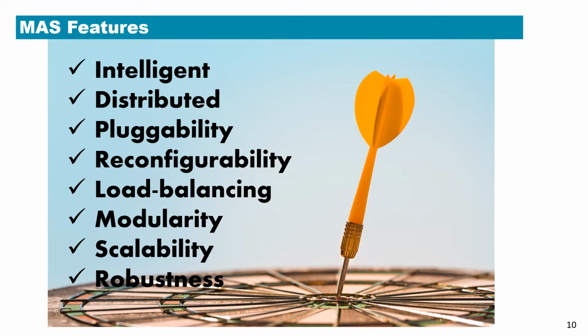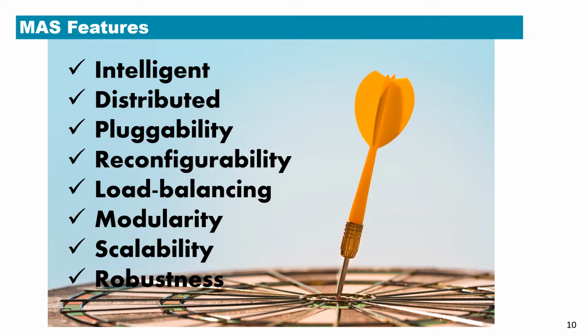And of course this architecture can achieve load balancing by distributing the load among the agents, and we can have a modular system where building the system is done by adding pieces like using Lego bricks.